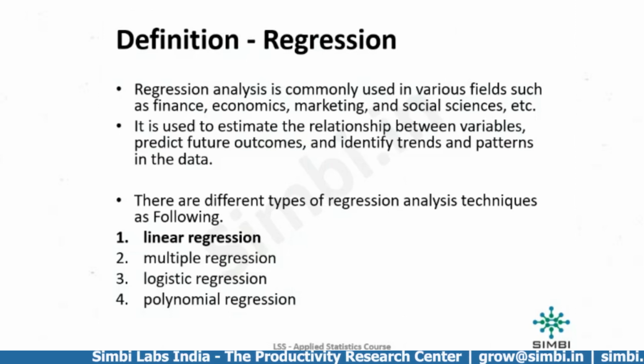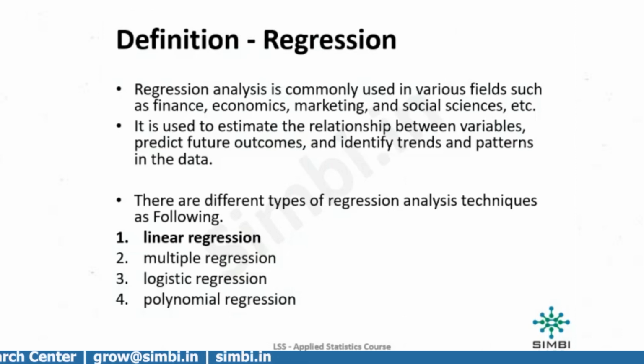And another example: do parents' educational level and place of residence affect children's future educational attainment also? So this is the measurement of the influence of one or more variables.